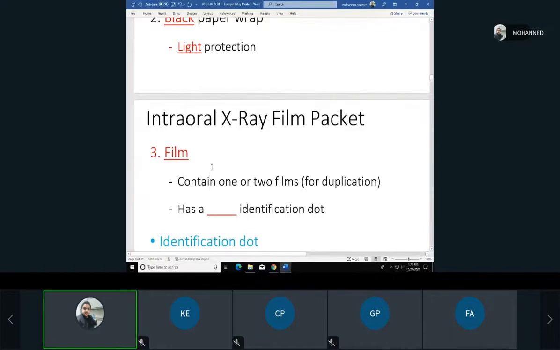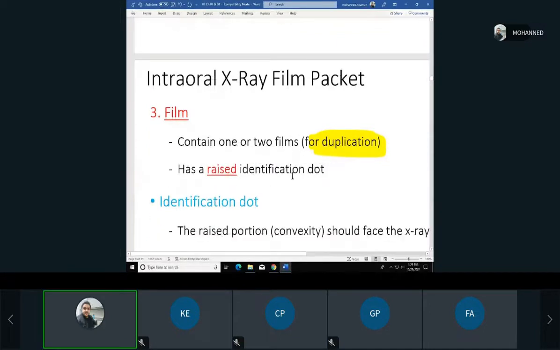Again, we need to get you guys to open one of these, so you can see them with your hand and recognize better. It can contain one or two, as I was saying, for duplication, right? This might be much easier to duplicate if the patient needed a copy for themselves. And it has, yes, Kara, a raised identification dot.